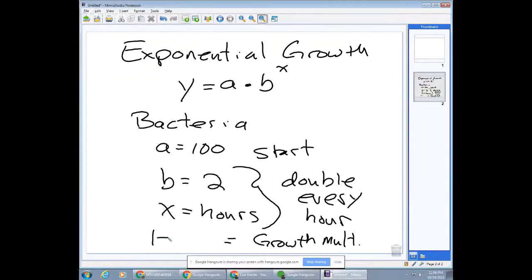Okay, great. Thank you. Yeah, the growth multiplier is always 1 plus the growth rate. So if I have 2 as the multiplier, what would the rate be here? The multiplier is 2, so 1 plus something gave me 2.